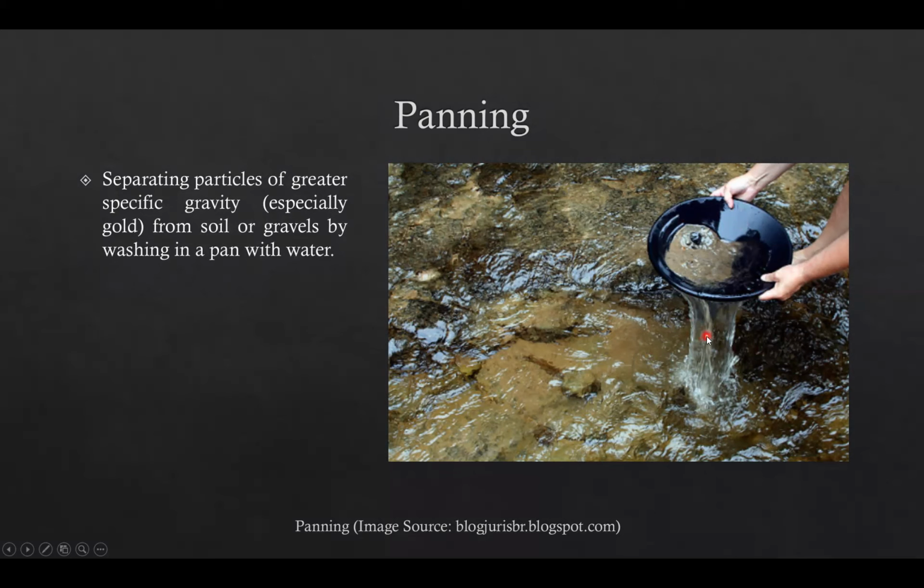We take the sediment of the river or some flowing material, water into the pan, and then we just wash the low specific gravity material out of it, and we keep the higher specific gravity material, which is mostly gold if it is found in that area.